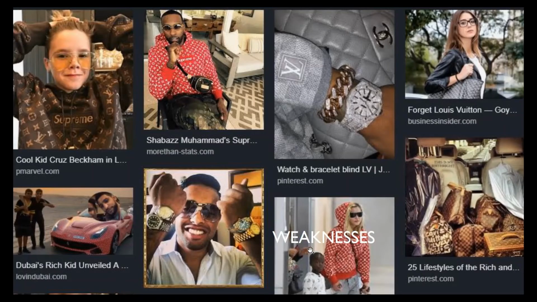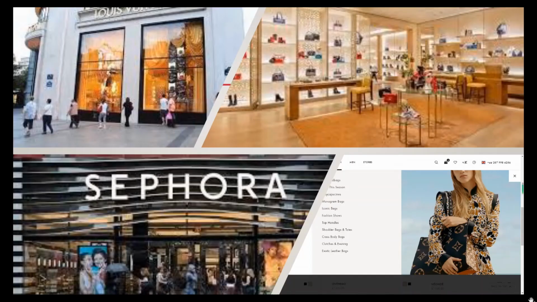About Louis Vuitton's weakness. Since Louis Vuitton is operating in the luxury goods area, their customers are usually focused on a very niche group of rich people. For LV's sales channel, the products are generally sold exclusively in their own LV stores, their own LV website, and in some rare cases in Sephora, which is one of their subsidiaries.